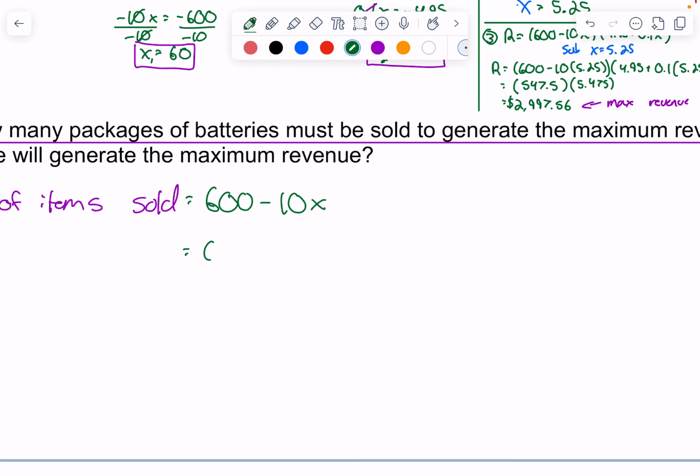So that is 600 minus 10 times 5.25 changes. So 600 minus 52.5. I can't do that in my head, so I've got to use the calculator. 547.5.